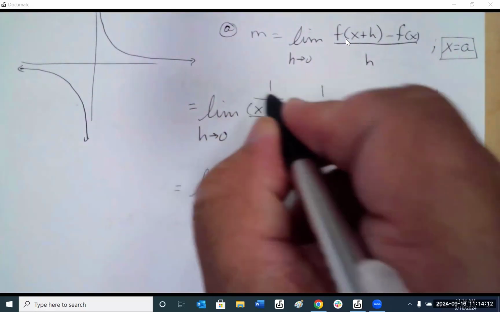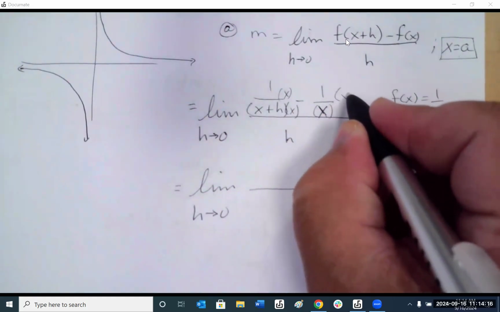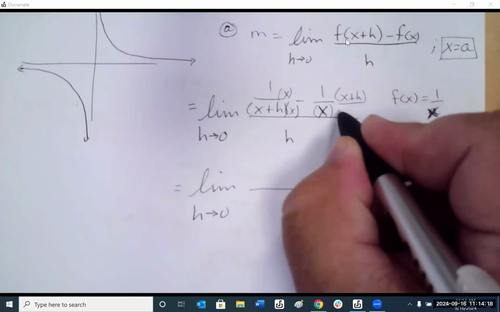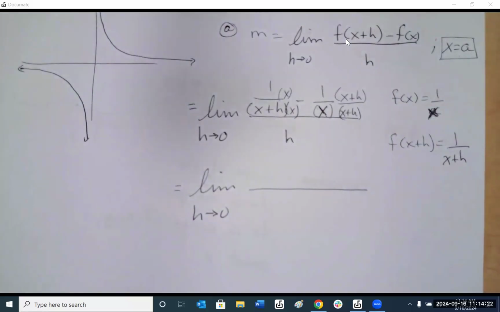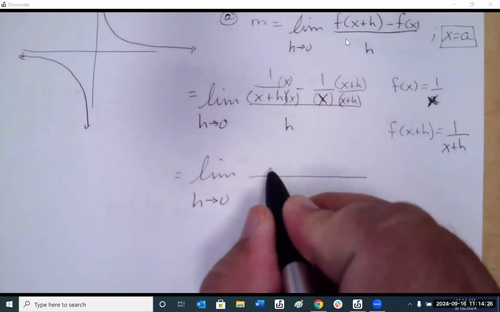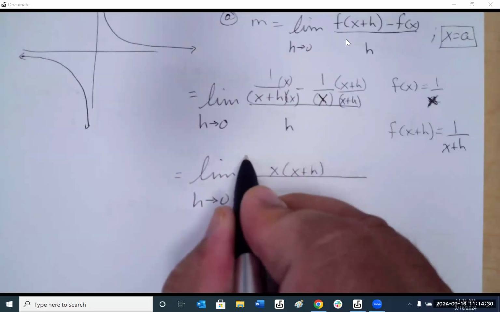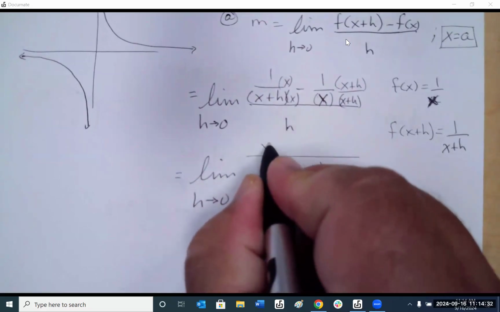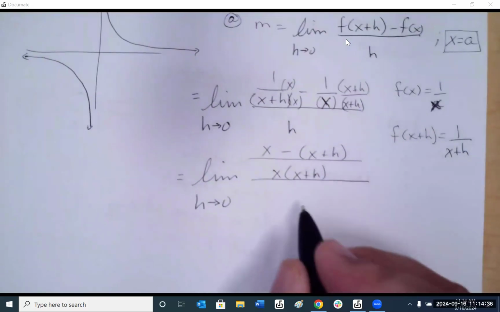This one needs an x, so we have x over x. This one needs an x plus h over x plus h. So that gives us x plus h, the common denominator, on the bottom, and x minus x plus h on top.